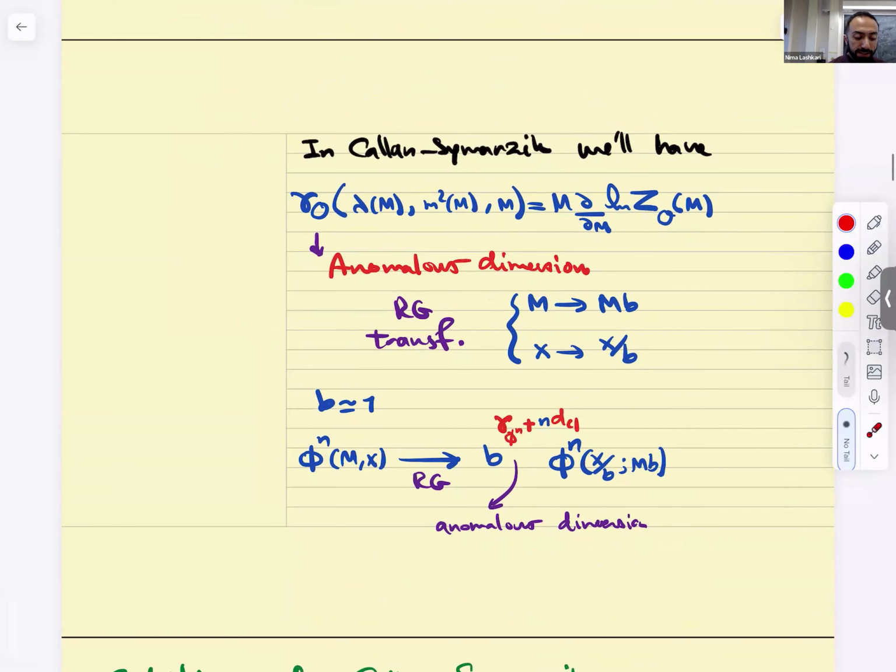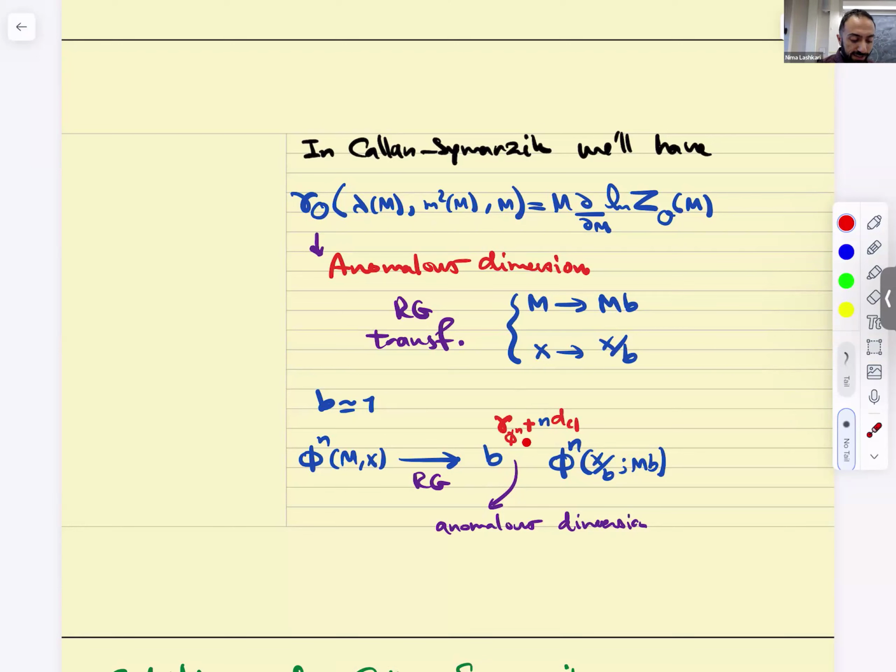And we saw explicitly that, for example, if you take phi^n under RG, these two-step transformations, when b is near 1, it transforms as b to a power of n times d classical. d classical is just the free, trivial scaling dimension of the field phi, which is (d minus 2) over 2, exactly, for a scalar field.